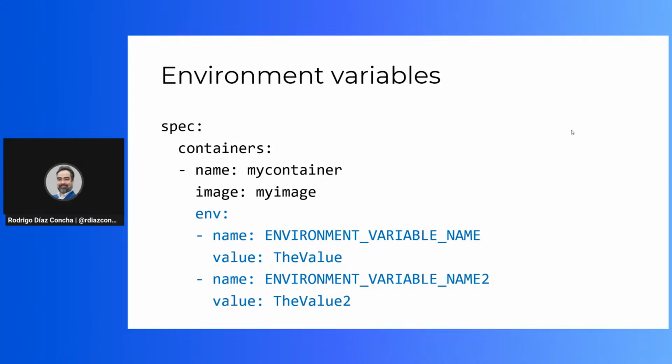For instance, let's say that this is a connection string or this is an API key or something. For security purposes, it doesn't make sense to store that value in the manifest file. So you need something like environment variables to dynamically inject those values into your containers, okay?